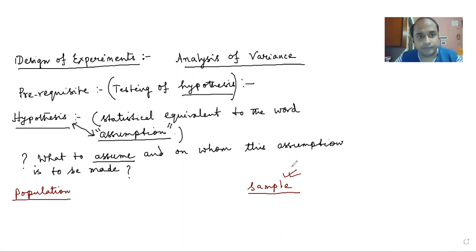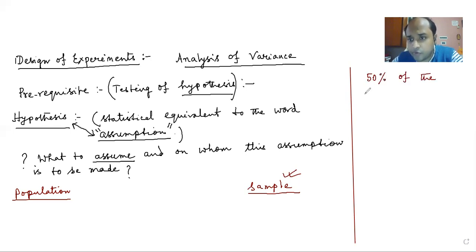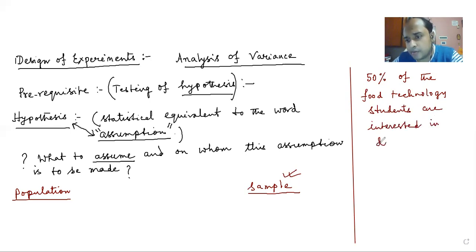Say, for example, suppose I'm assuming that 50% of the food technology students are interested in doing maths.